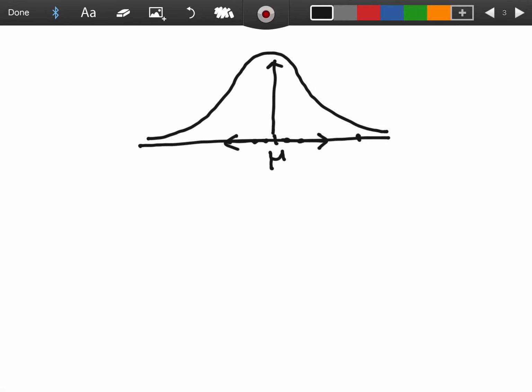I may have a few sample means that land somewhere out here, hence why you've got a lower curve over here and over here. But the majority of my sample means should land very close to my population mean, hence they are more frequent. So as long as your sample sizes are large enough, you should end up with this bell-shaped curve.